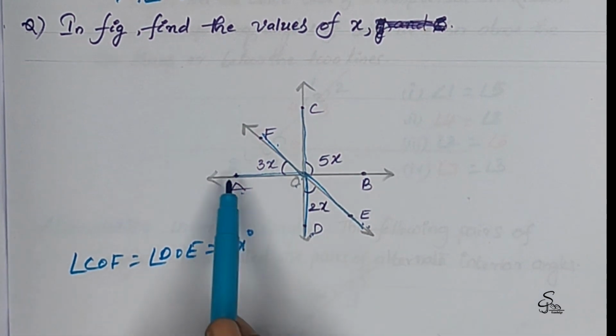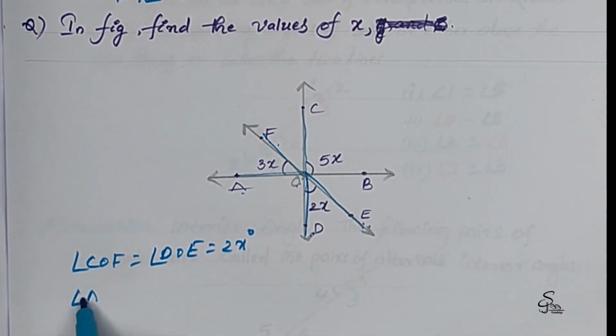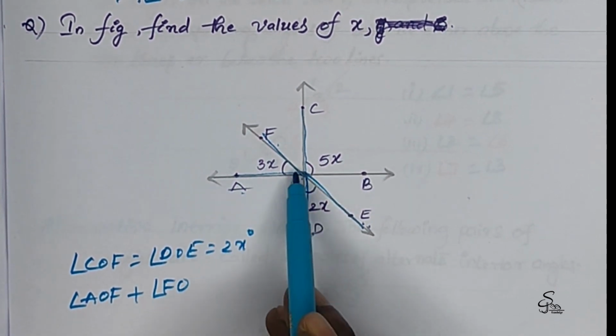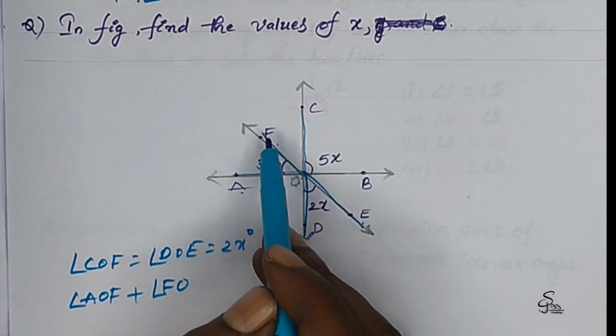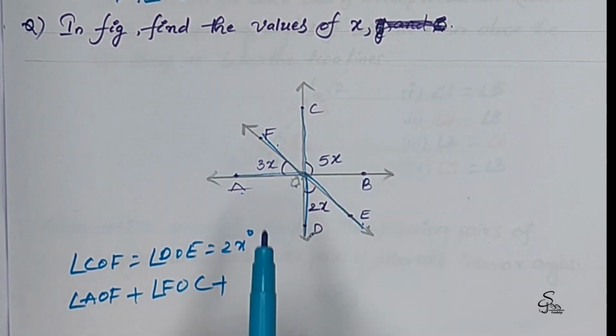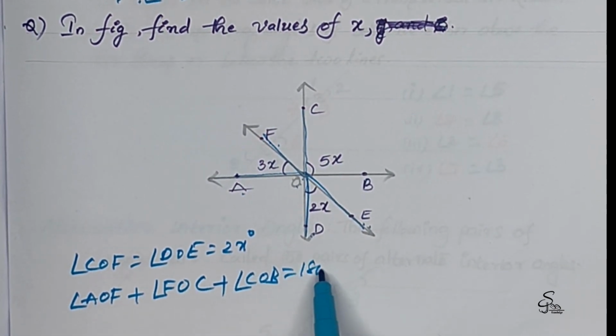So the straight line forms linear pairs, which are adjacent angles. Angle AOF plus angle FOC plus angle COB is equal to 180 degrees.